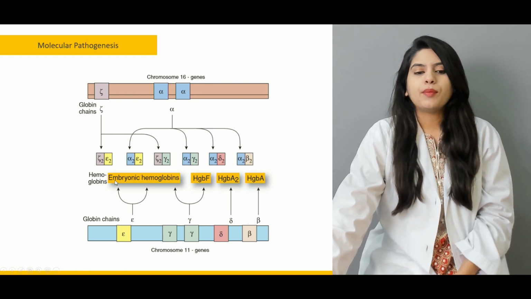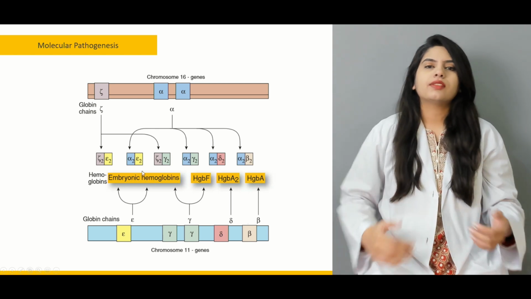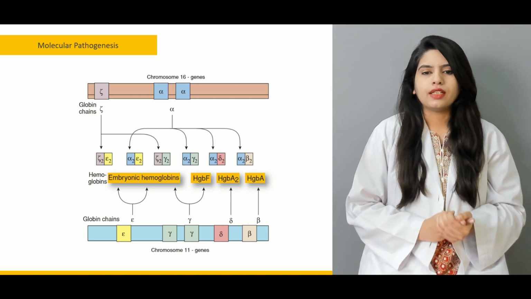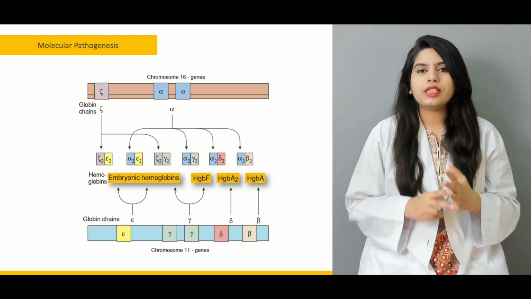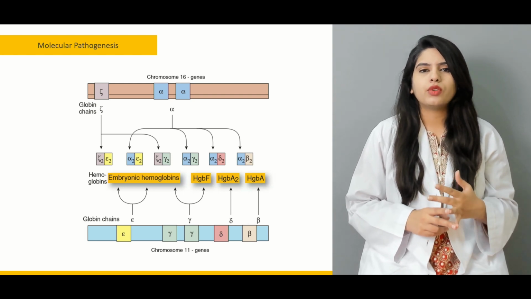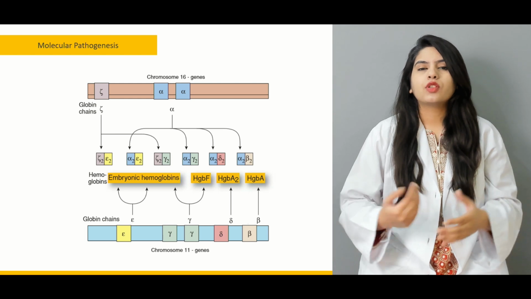Then there is some embryonic type of hemoglobin that consists of the zeta chain and other types of globin chains in it. So basically these are the two chromosomes that consist of these genes encoding for the different types of globin chains.